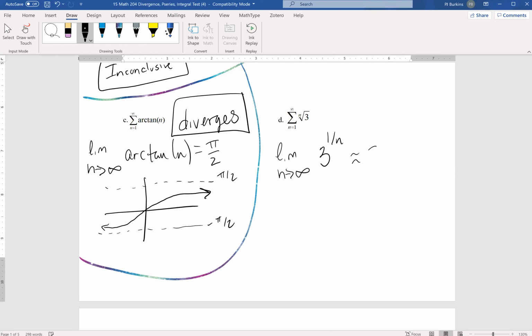So this is approximately 3 to the 1 over infinity. 1 over infinity is approximately 0, and 3 to the 0 is 1. This is a non-zero number, which means diverges.